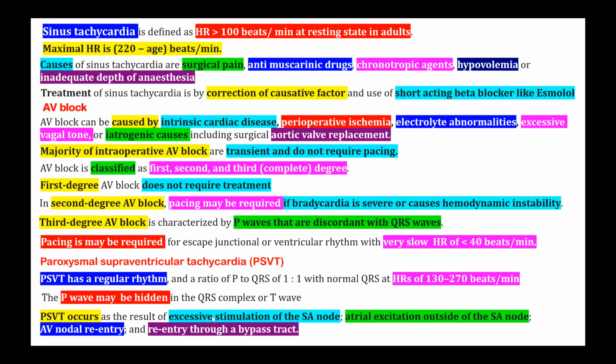It occurs as a result of excessive stimulation of the SA node, atrial excitation outside the SA node, a nodal re-entry, or re-entry through a bypass tract. That is why in the first slide itself I showed the mechanism as automaticity or re-entry, which is one of the causes of all these arrhythmias, and paroxysmal supraventricular tachycardia is one of the re-entrant tachycardias.